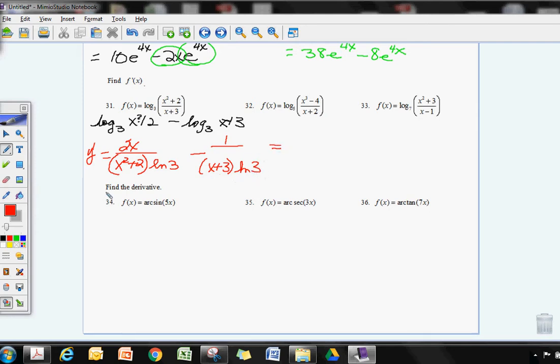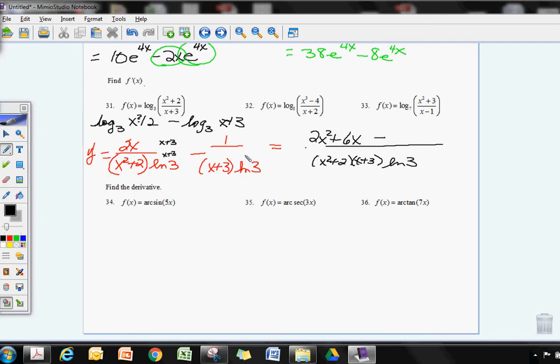And I've been letting you keep this, but this test is going to be multiple choice. So I know that what the multiple choice is going to do is it's going to create a common denominator. And please note that I've already started to write the common denominator. Notice both of them have a natural log of 3. I need the x squared plus 2 and an x plus 3. So this piece here would be x plus 3 and x plus 3 I'd multiply by, which would give me 2x squared plus 6x.